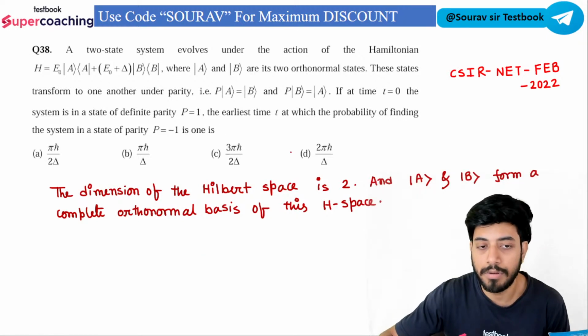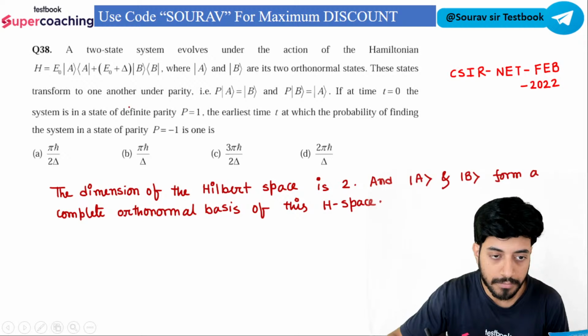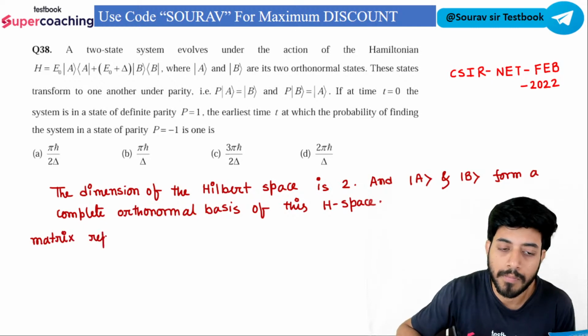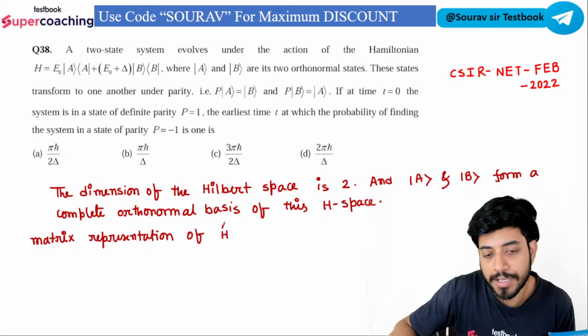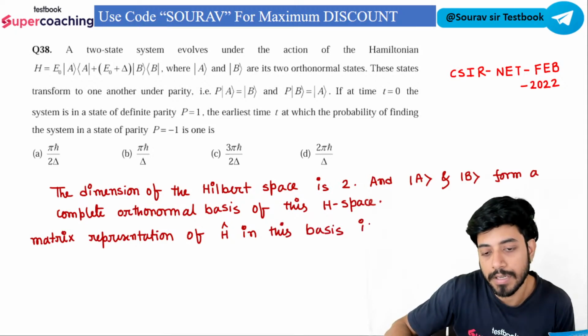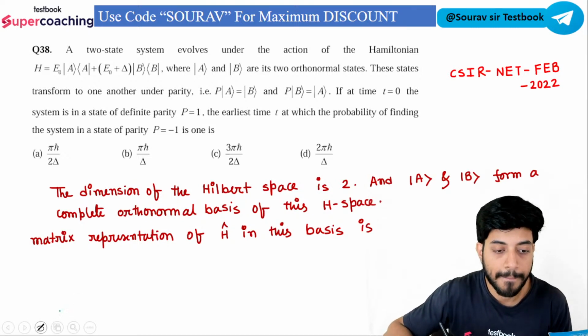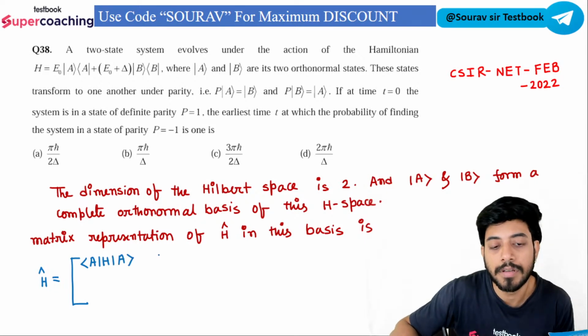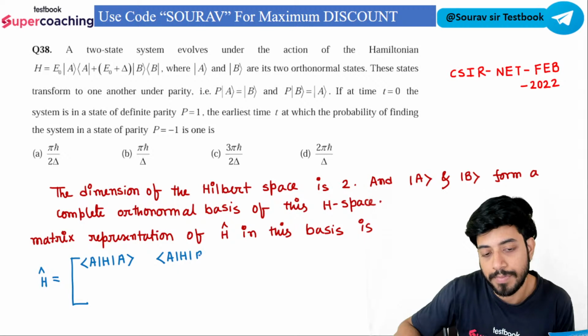Now Hamiltonian, how your Hamiltonian would look in this basis? Matrix representation of Hamiltonian operator H in this basis is, I can write H is actually equals to AHA, AHB, BHA, BHB.